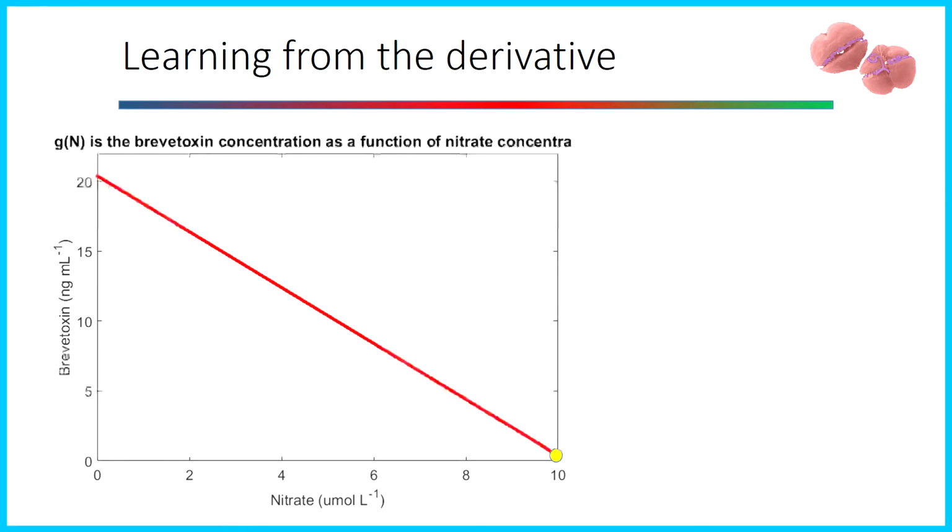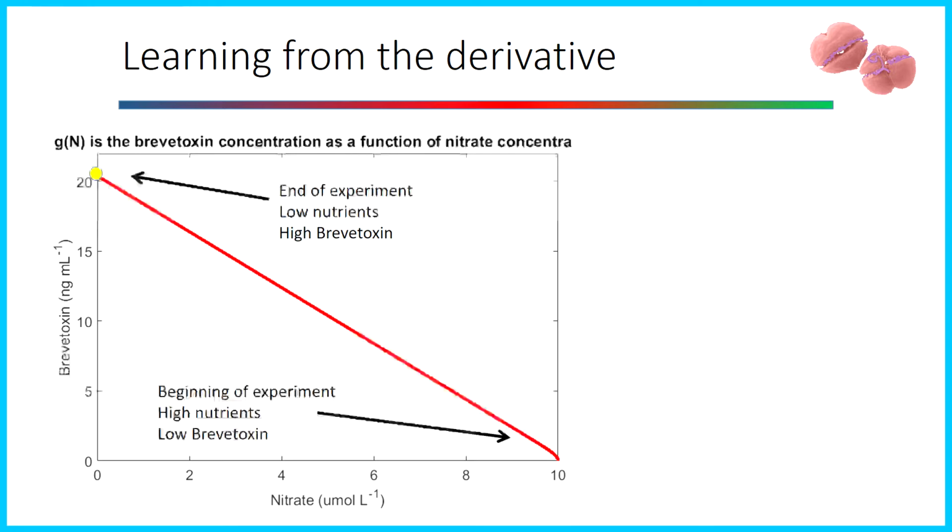At the beginning of the experiment, we were actually in the bottom right corner of this plot with high nutrients and low concentrations of brevetoxin. Over the course of the incubation, however, the nutrients were used up and the brevetoxin increased, so that by the end of the experiment, we had low nitrate and high brevetoxin.